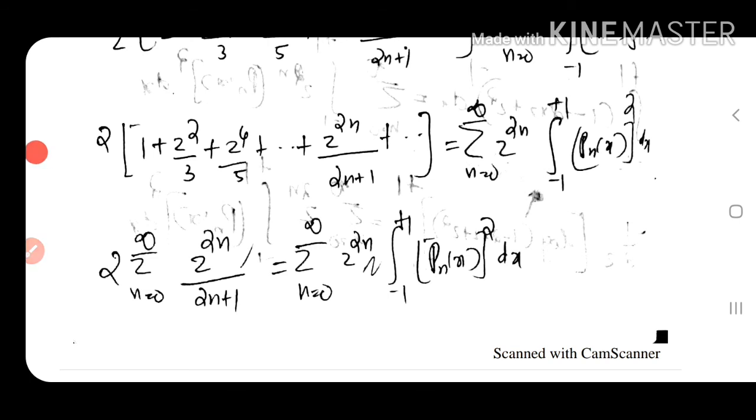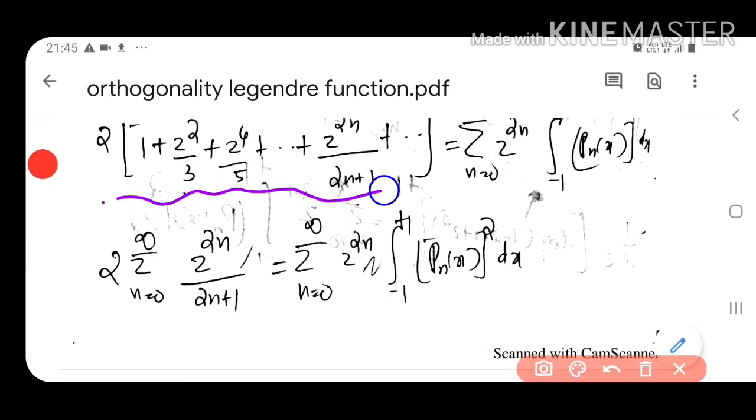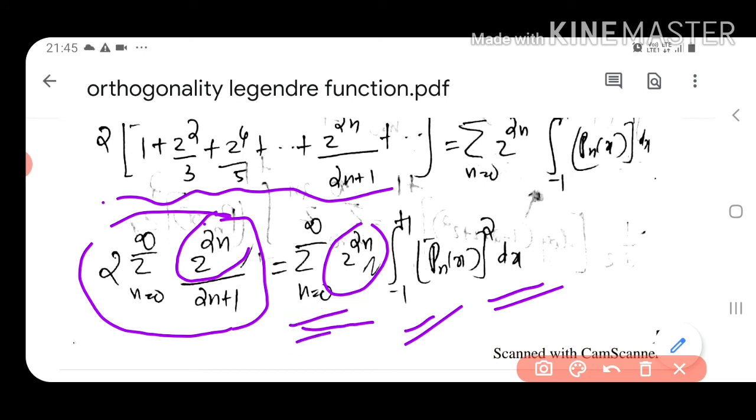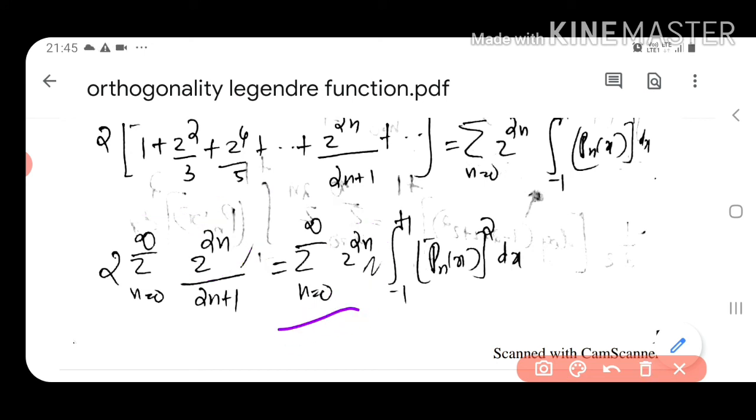So one can write this series as 2 times the sum over n equal to 0 to infinity of z raised to 2n by 2n plus 1, equal to the sum over n equal to 0 to infinity of z raised to 2n times the integral from minus 1 to plus 1 of Pn(x) square dx on the right hand side. Here we compare the coefficient of z raised to 2n. Both sides have summations, so we compare the coefficient of z raised to 2n.